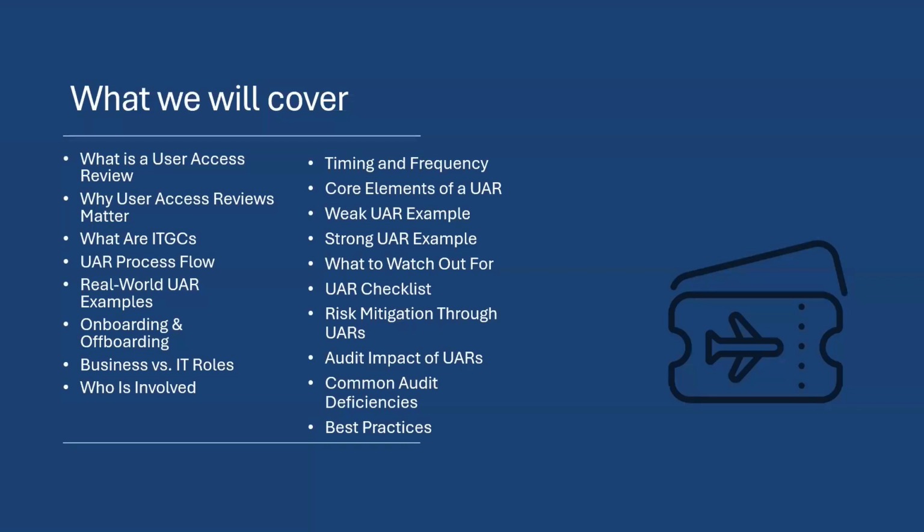We'll walk through a weak example and a strong example, and then what to watch out for when you're actually performing the user access review. We're going to give you a quick checklist, and probably the most important thing, the risk mitigation through user access reviews. We'll talk about best practices and common audit deficiencies we see with the user access review.